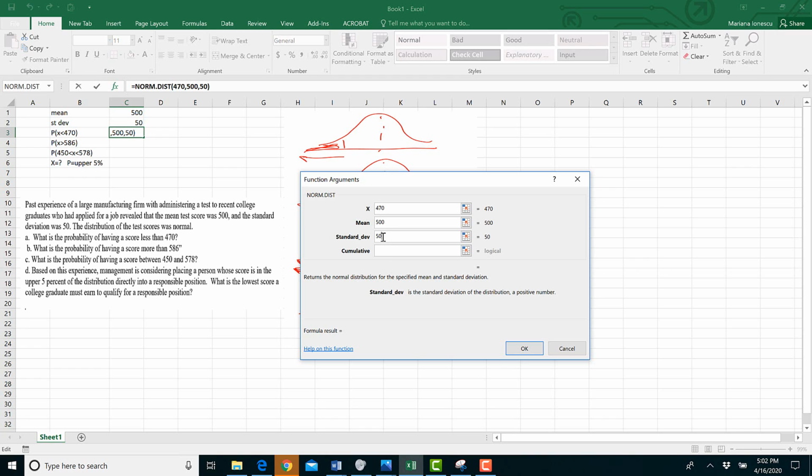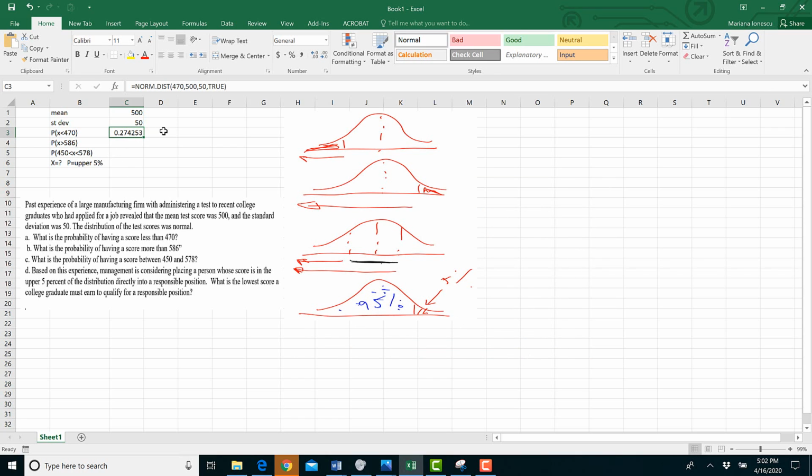We are looking for a cumulative probability, so it's true. So 27.43% of graduates will have a score less than 470.